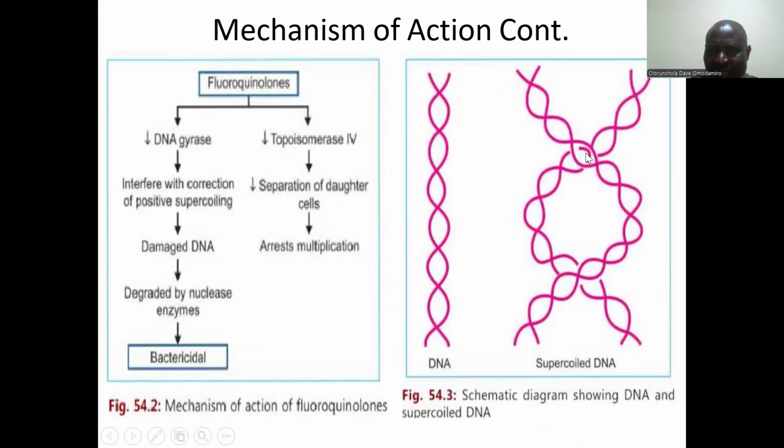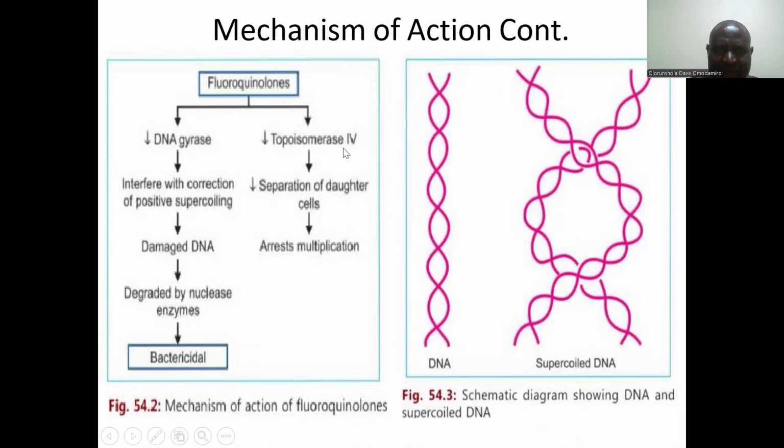You will remember some enzymes involved: helicase, topoisomerase, which is involved in the unwinding of the supercoiled DNA. And it is this enzyme that is inhibited. Just look at the fluoroquinolone because they have virtually the same action. This is the DNA gyrase. It interferes with the positive supercoiling of the DNA.